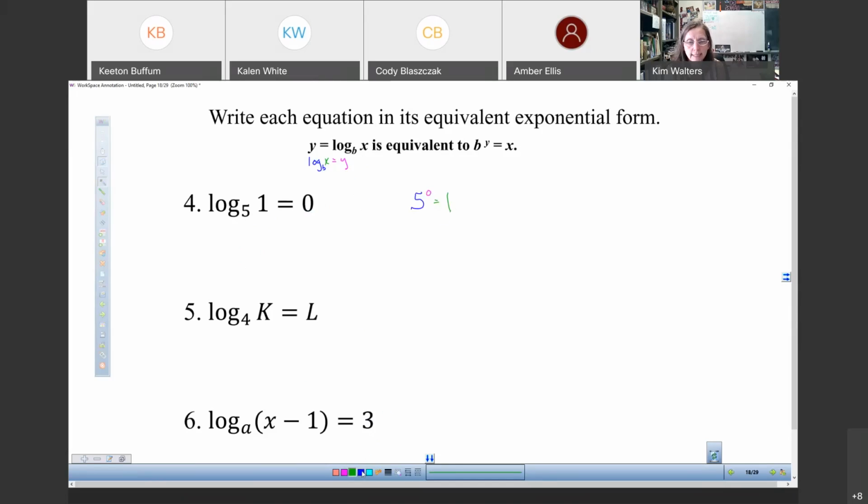So I have 5 to the 0 power equals 1. So 5 to this power, these two guys go together, I skip this one, equals the other number. Some people like the circle, and some people don't. Some people just like to memorize it.